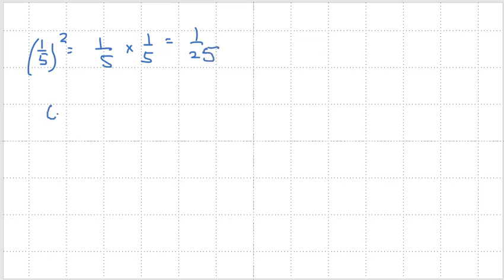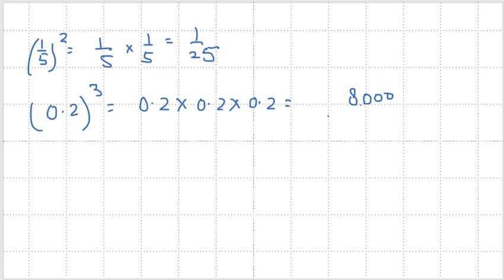If I ask what is 0.2 to the power 3, it's 0.2 times 0.2 times 0.2. You can figure it out yourself, but essentially I have 8 with decimals here, and because I have 3 decimal places, tenths I'm talking about, I have to move the decimal to a lower value 3 times. 1, 2, 3, so that gives you 0.008.